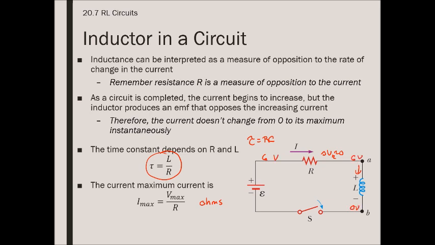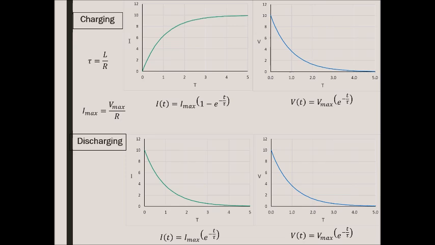So all the voltage drop must happen across the inductor, which is basically resisting the flow. So now we know the equations for the time constant for an inductor circuit and the maximum current. We'll always put these in line with the resistor so that when we do get to maximum current, we don't draw too much power.